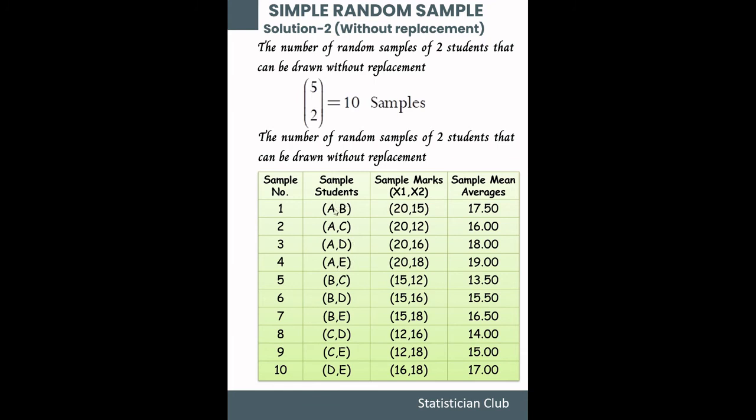Repeat A with all these elements. The second element is B: BC, BD, BE. Then leave B. The third element is C: CD, CE. And the fourth element at the end, DE.